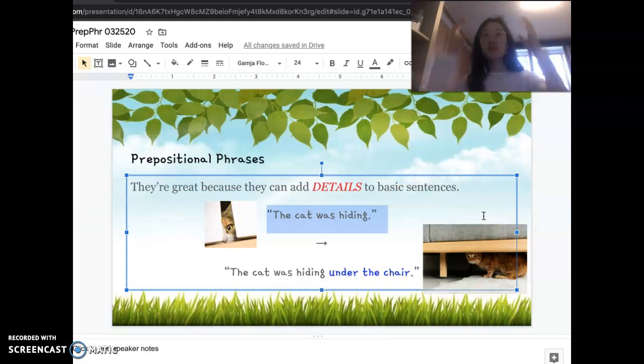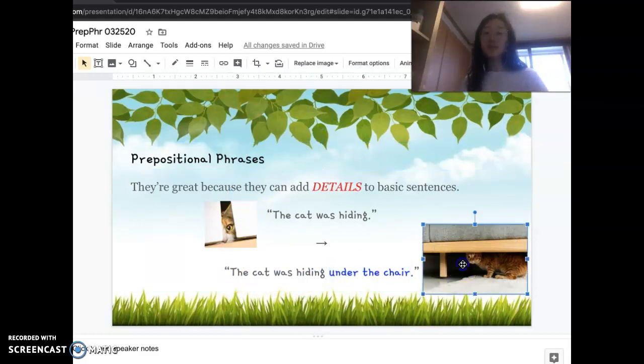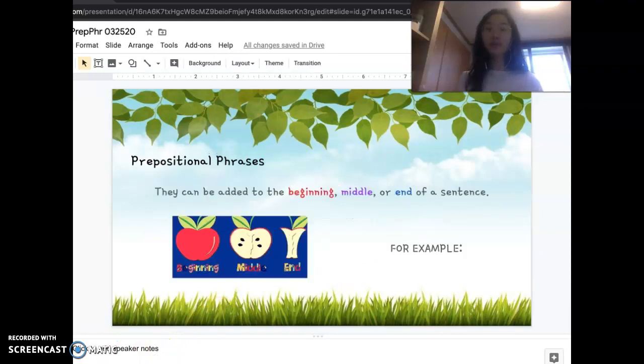Try to imagine this scenario in your head right now. We don't really know where the cat's hiding. We don't know why he's hiding. Not many details here. But if we add the prepositional phrase under the chair, the cat was hiding under the chair, it gives a little more detail. So the picture goes from this to this. It's easier for us now to really visualize where the cat is hiding. So that's why prepositional phrases are so important for us.